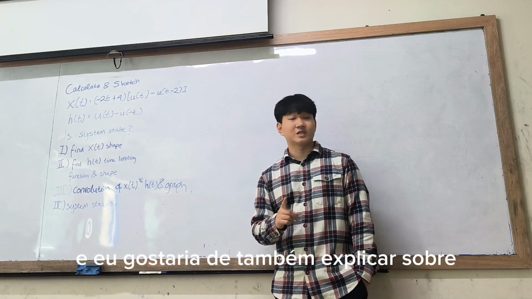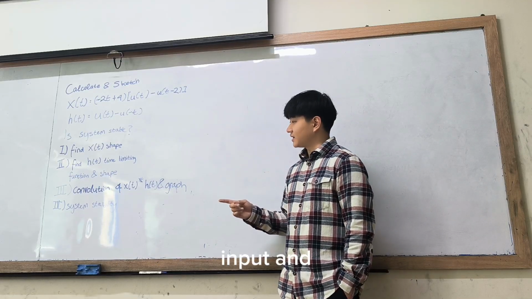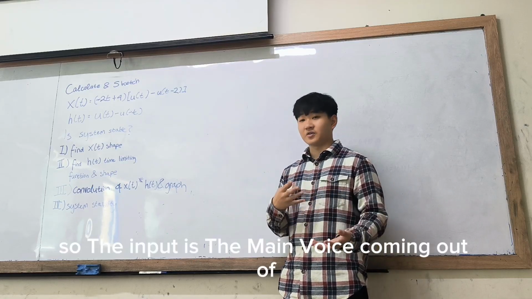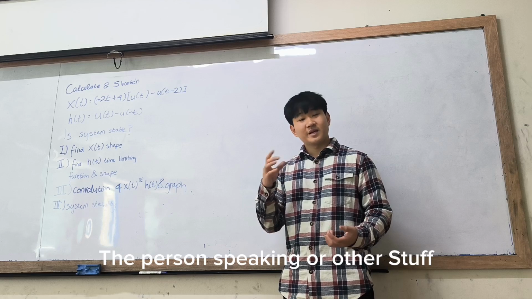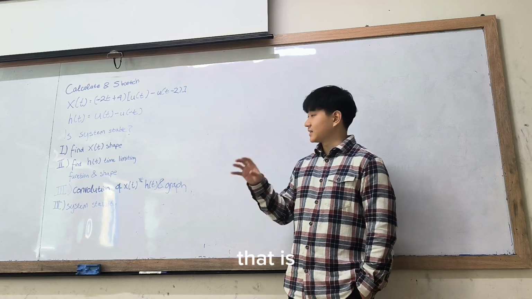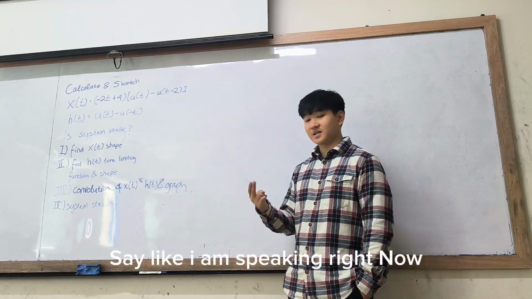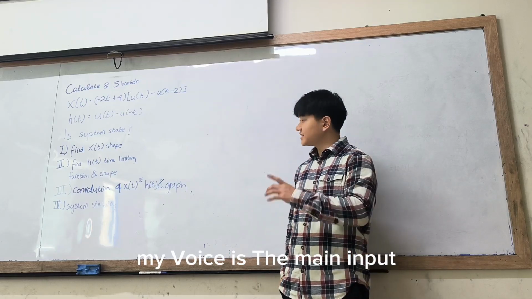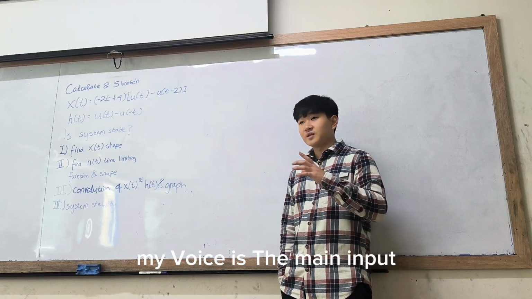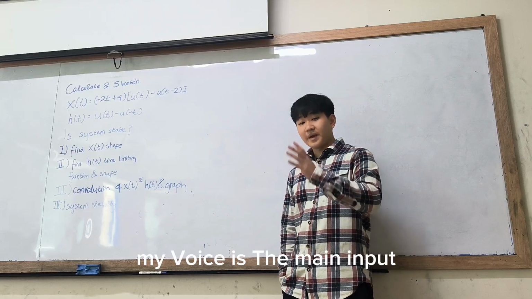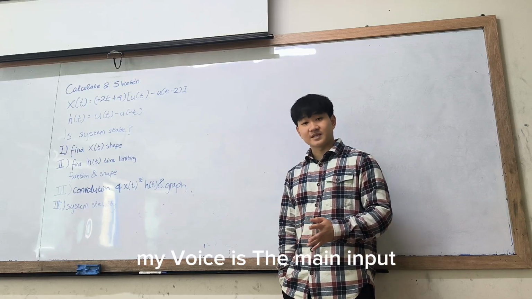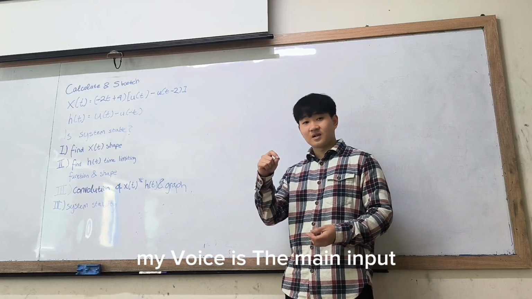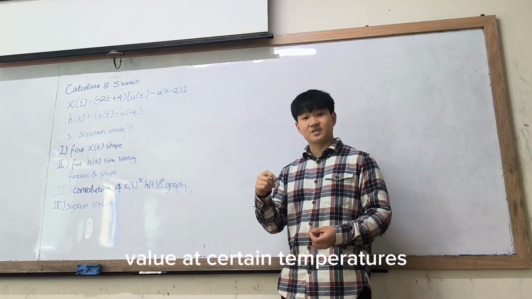I would like to also explain about input and impulse response. The input is the main voice coming out of the person speaking, or other stuff that is getting processed. Say I am speaking right now, my voice is the main input, and h(t) is the impulse response. It will divide my voice into many different delta impulses, and a delta impulse is like a spike of value at certain time periods.